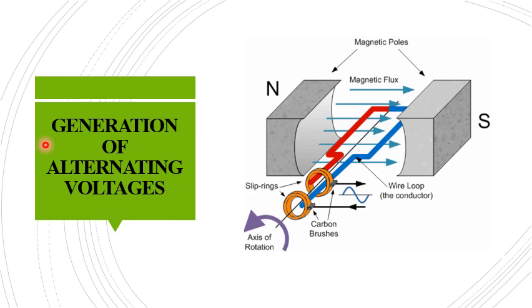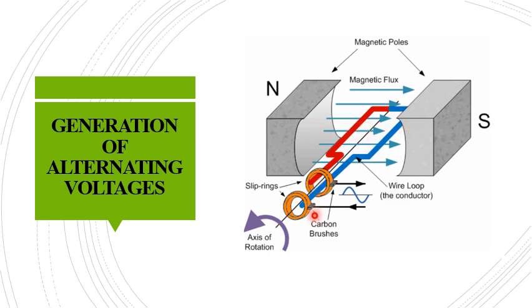So consider this figure. Here we are having a single loop conductor. This conductor is placed in between a pair of magnetic poles. So the magnetic field lines will be directed from the north pole to the south pole.